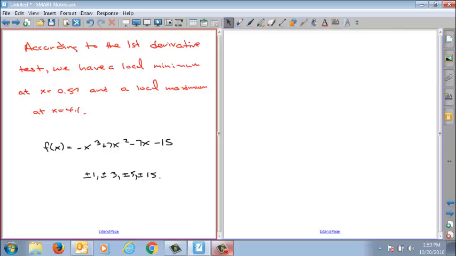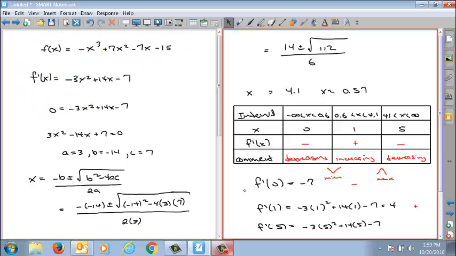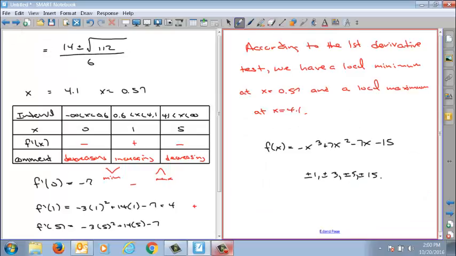But let's do one extra thing here. Let's evaluate the function at the 2 critical numbers. So here's the function. Let's evaluate the function at 0.6. So we get negative 0.6 cubed plus 7 times 0.6 squared minus 7 times 0.6 minus 15.